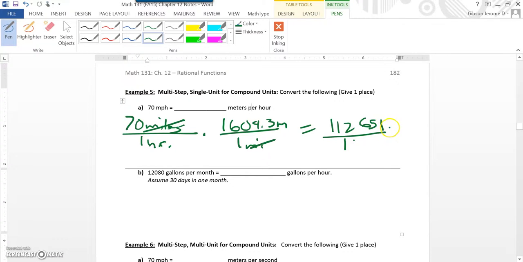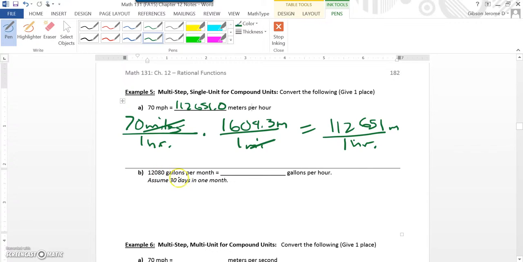And then this would be meters over 1 hour. Now they asked us to round to 1 decimal place. So what we would do is this here. Our final answer would be 112,651.0 meters per hour. Because this is basically what this is, but we have to put the 0.0 to indicate the rounding to 1 decimal place.